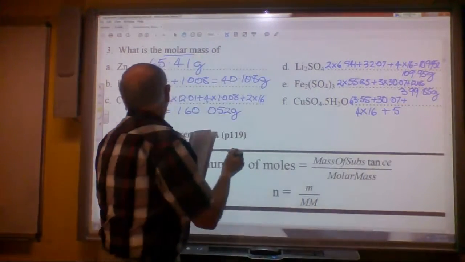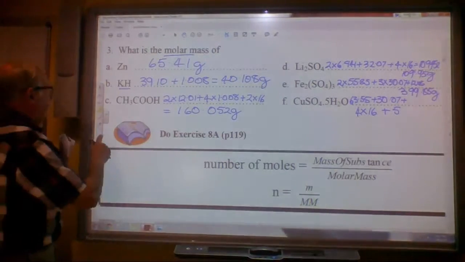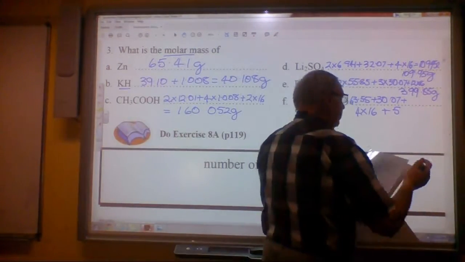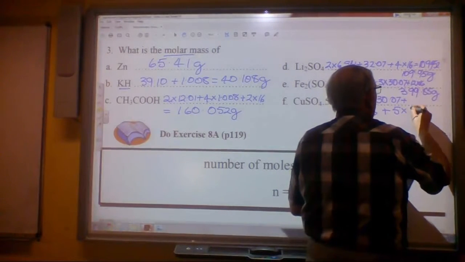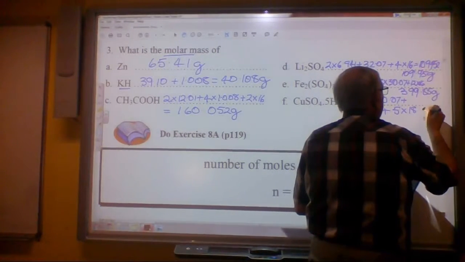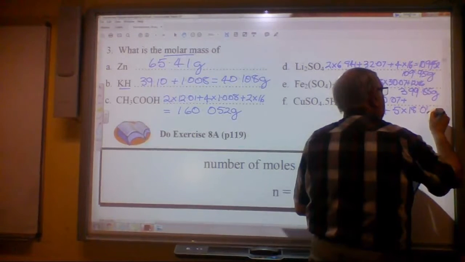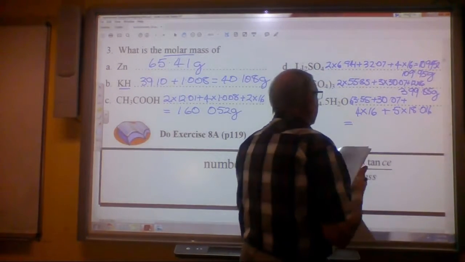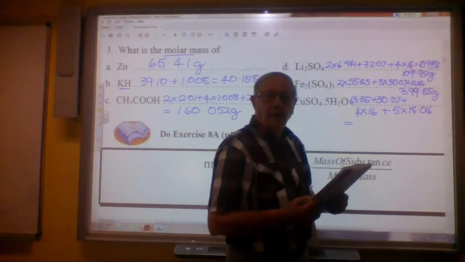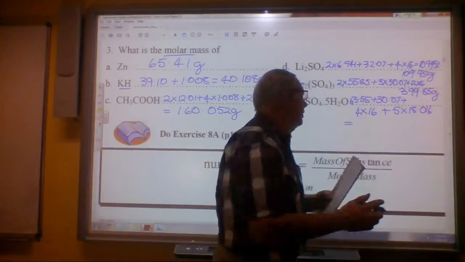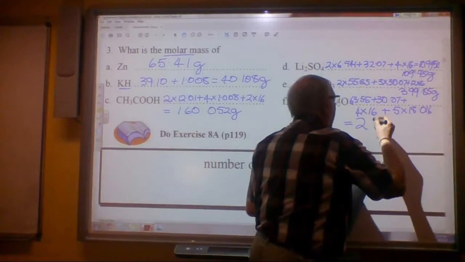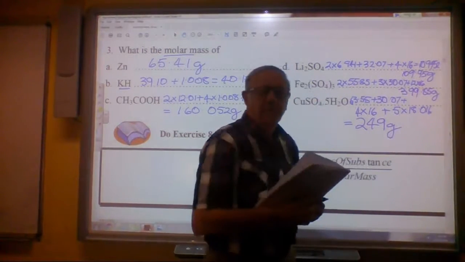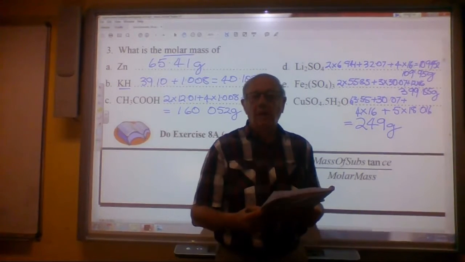Now water we had up here further, which was 18.016. So multiplying all of those numbers together, what we get is 249. So there we have exercise 3.